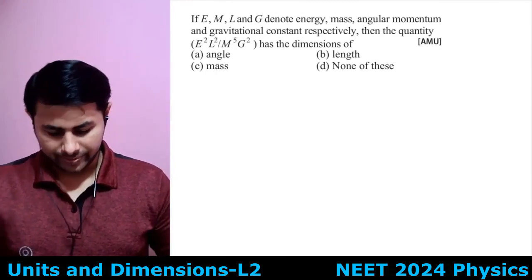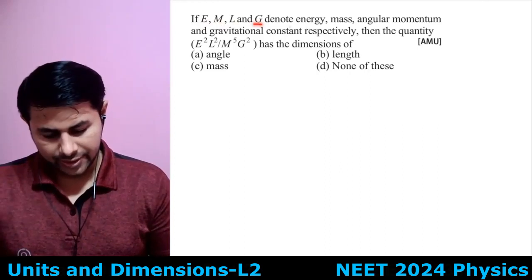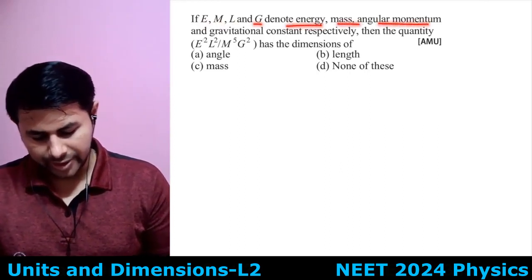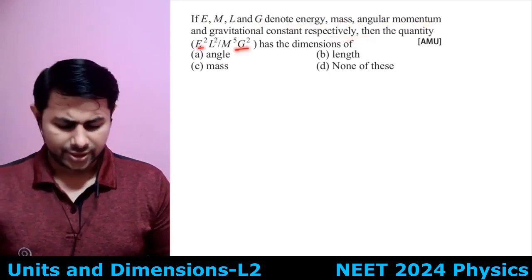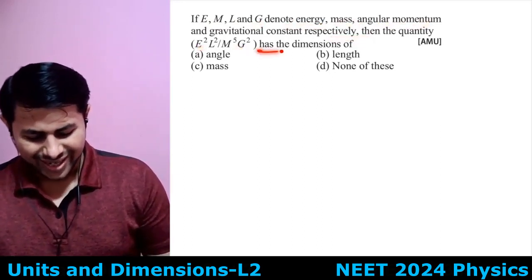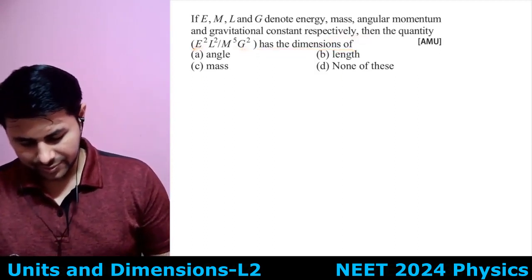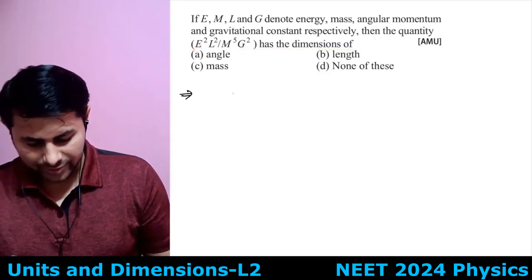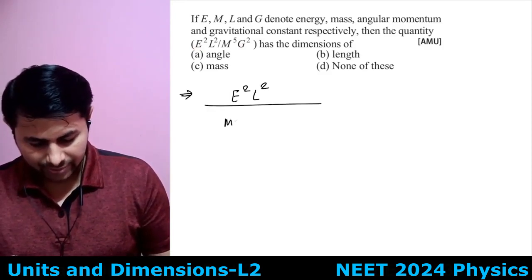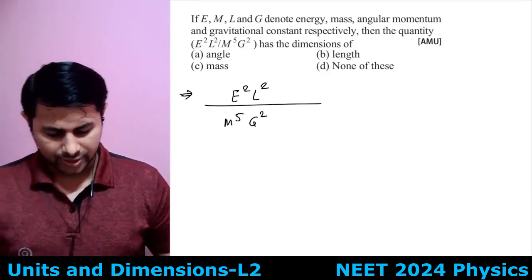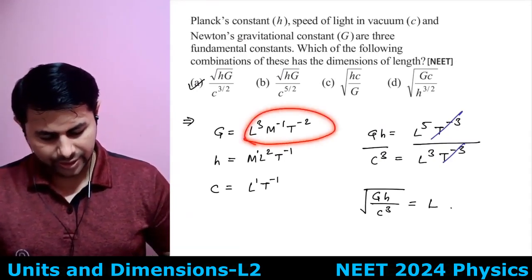Okay, next question. If E, M, L and G denote the energy, mass, angular momentum and gravitational constant respectively, then this quantity, this is a laborious task, has dimensions of, all right, it is E square L square divided by m to the power 5 g to the power 2, and we found the dimensions of G. They are L3 m minus 1 t raised to minus 2.